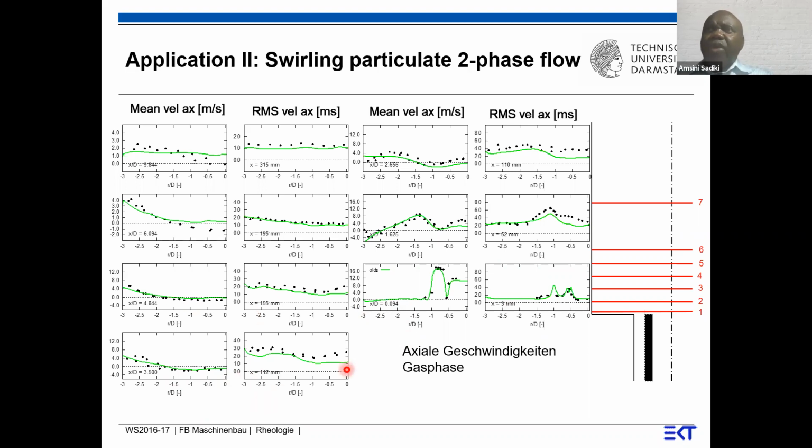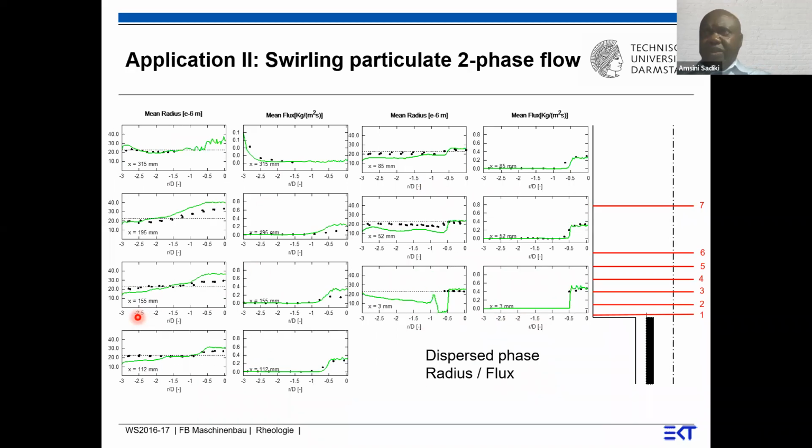So we are going from the first position here, going up, and we continue in this area and also in this. Everything is axial velocity going from bottom to top. It is also the same here. We go from the bottom at 3 millimeter and we go up, and we continue from here to there.